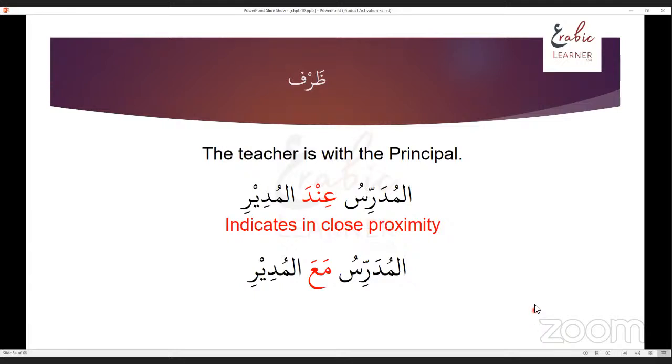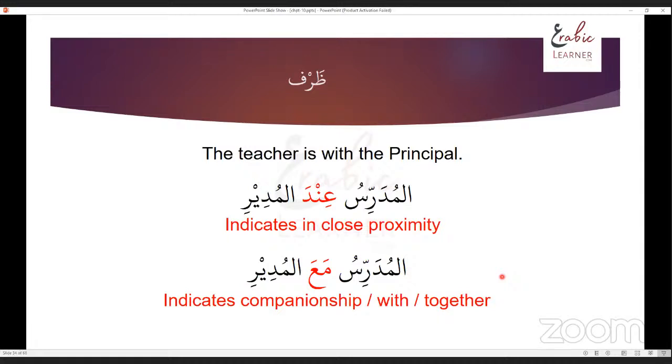Okay, what does it mean? It indicates a companionship, means they are together. They went to the cafeteria together, or they are together and ideologically excellent, sister Tasneem, yes.